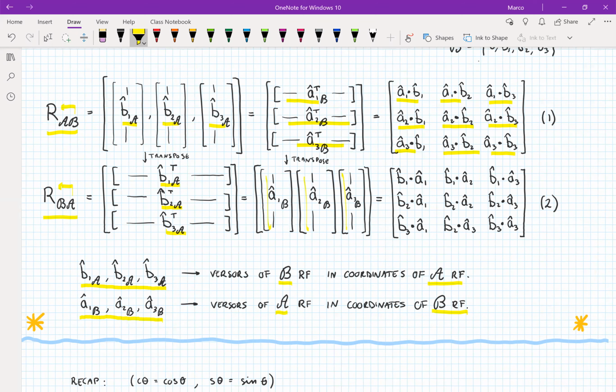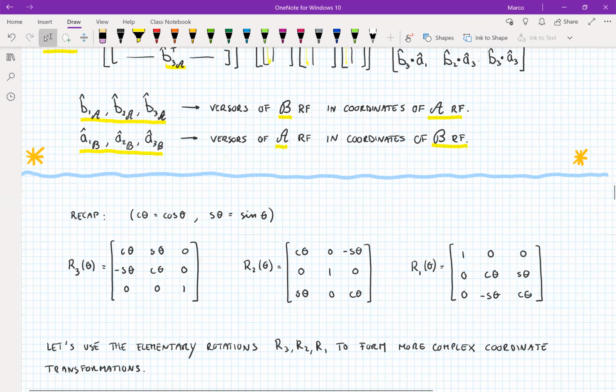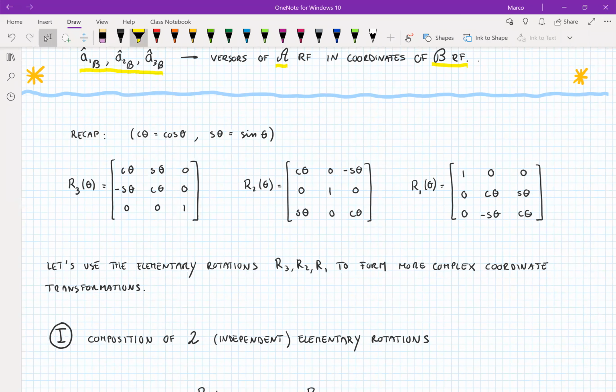All right, so going back to our elementary rotations, I can summarize the three elementary rotations about the z-axis, the y-axis, and the x-axis. And here I'm shortening the notation by using c theta for cosine of theta and s theta for sine of theta.